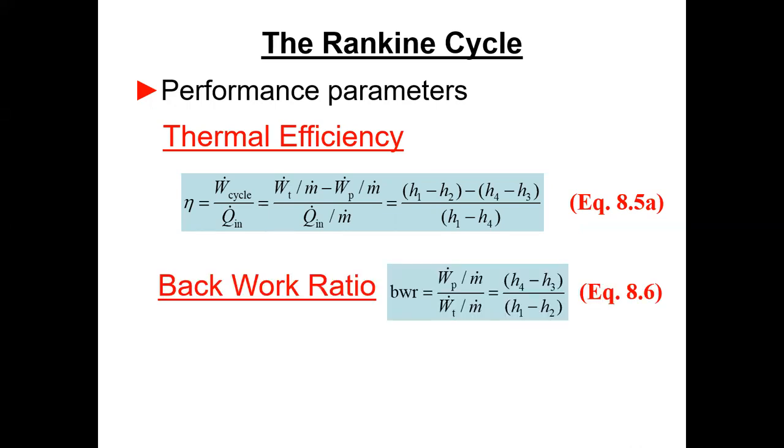Back work ratio. This is one of the parameters that we can calculate. It's the work required by the pump per unit mass divided by the work produced by the turbine per unit mass, and then the enthalpy definitions. That's one of the big advantages of a Rankine cycle over a Brayton cycle.